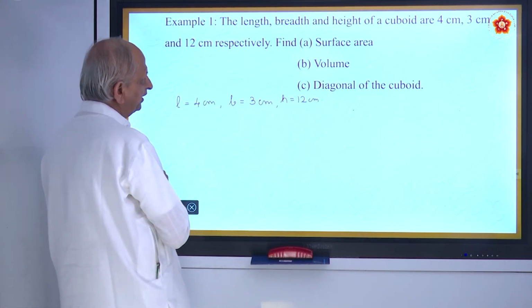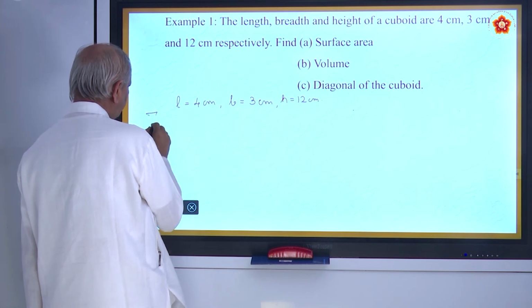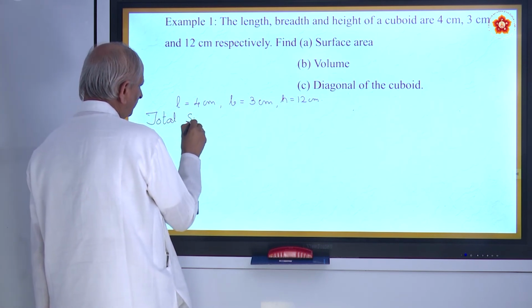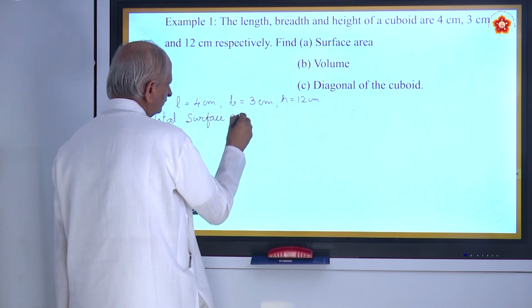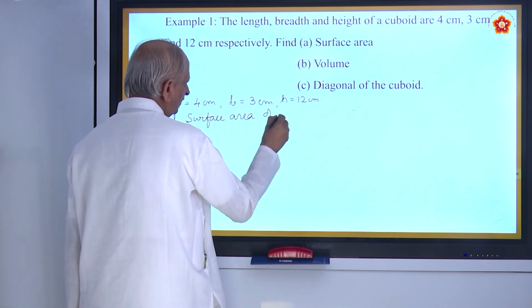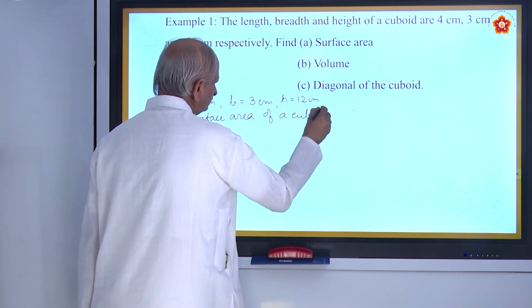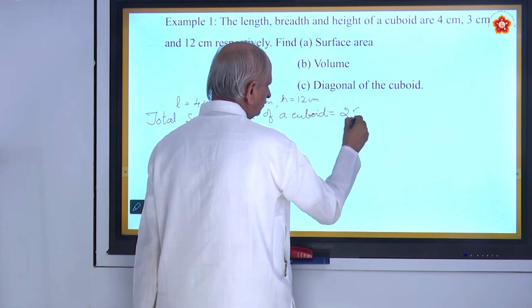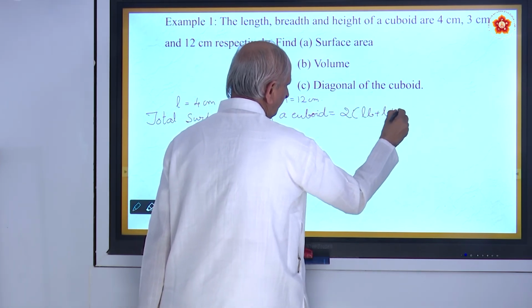So, surface area of a cuboid, we call it as TSA, total surface area of a cuboid is equal to 2 into LB plus BH plus LH.